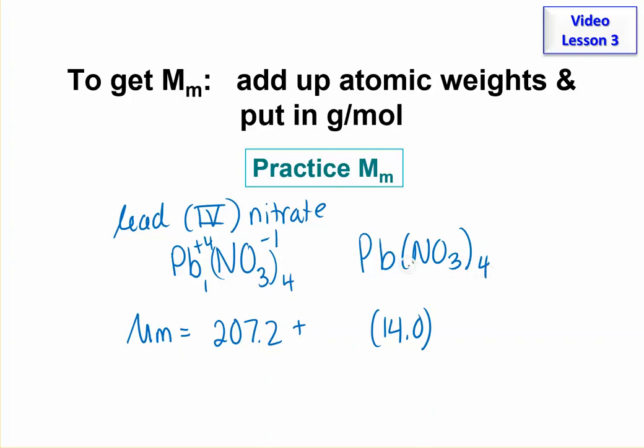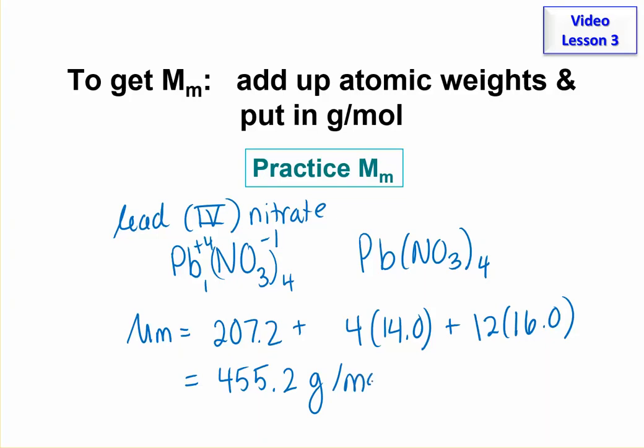This 4 multiplies through, so this is 4. How many oxygen atoms are there? 3 times 4 is 12, and its atomic weight is 16. So multiply, add those all up, and the units are very important, grams per mole.